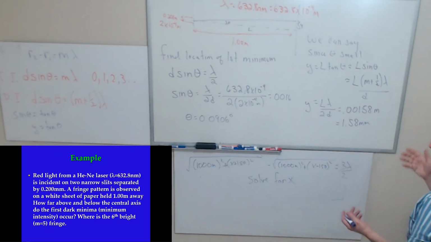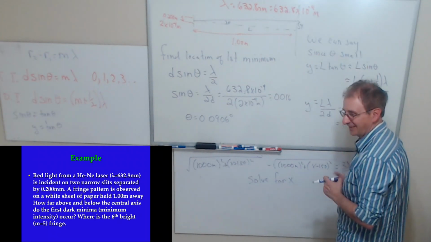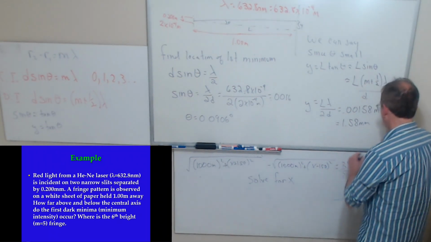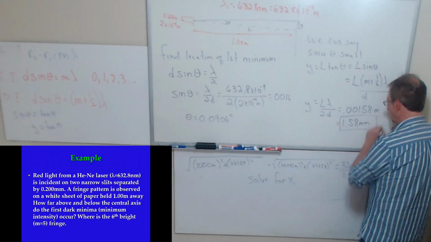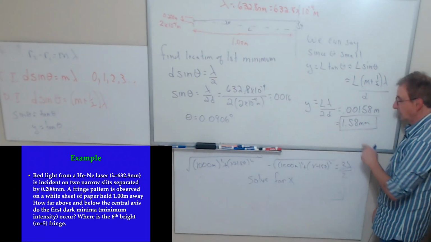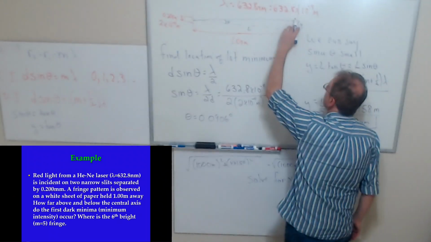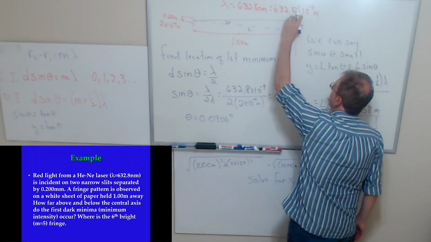Except in this case, m is 0, so that one's a weird one. So 1.58 millimeters above and below the axis, I have my first minimum. Here I have a maximum, and then here I have a minimum.